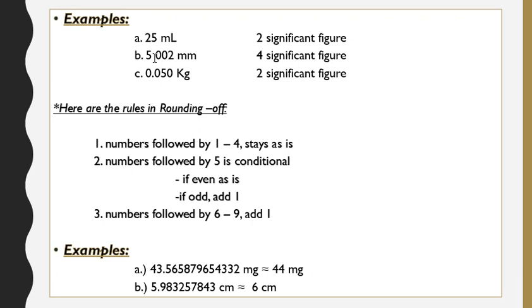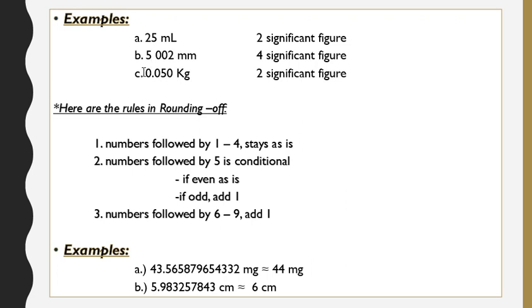There is no decimal point here, and the two zeros are what we call captured zeros, or zeros in between non-zero digits. These two zeros are between 5 and 2, so they are considered significant. So we have four significant figures: 1, 2, 3, and then 4.